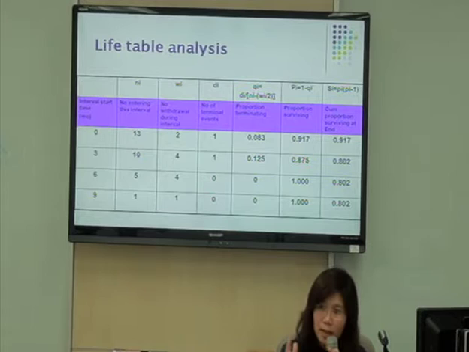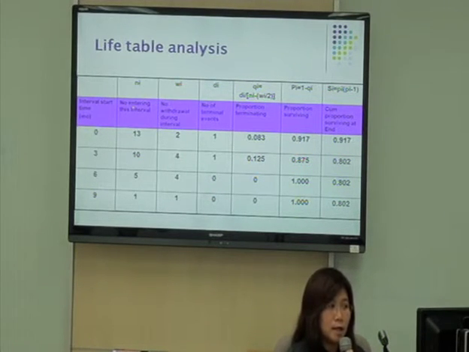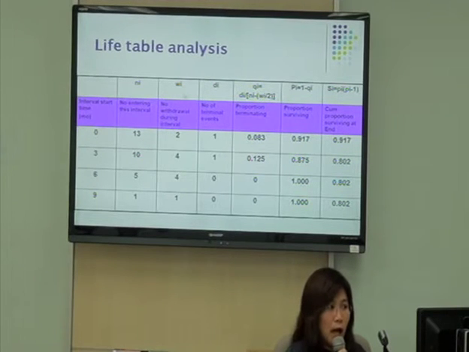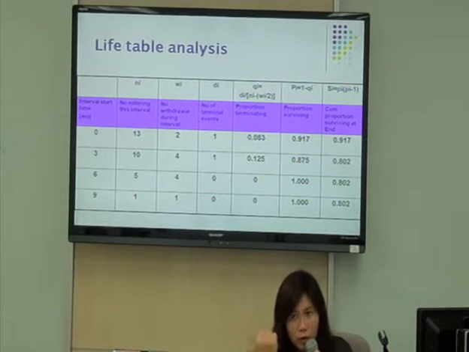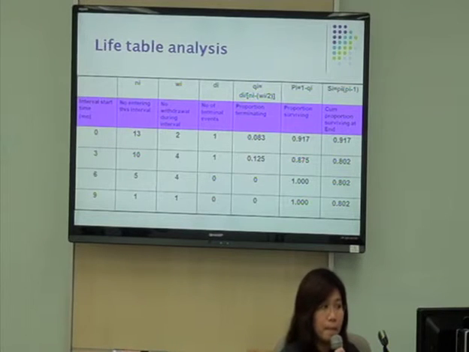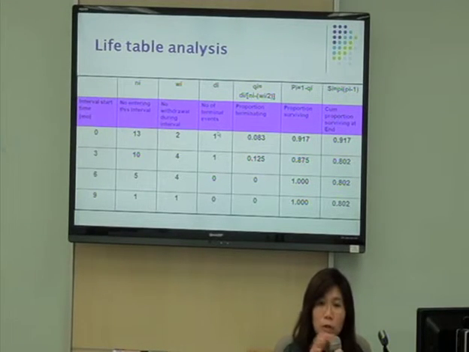And then during each interval, you have to think about NI, the number of subjects entering this interval, starting with 13 subjects. And WI is the number withdrawn during the interval. Withdrawal might be lost to follow-up, might be dead. Everything means withdrawals, okay? And the number of terminal events here means dead.